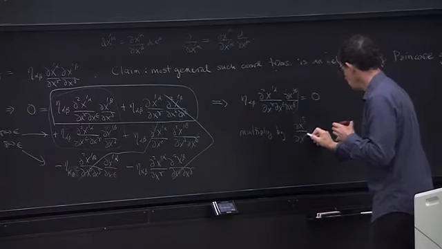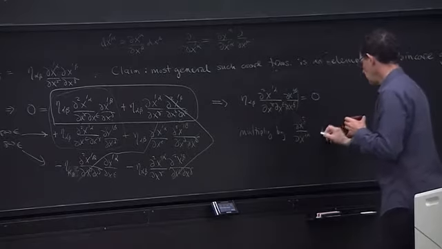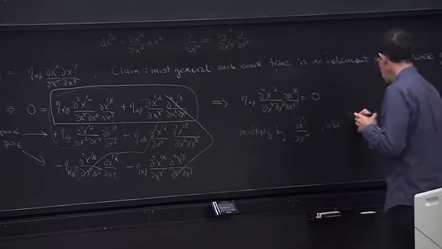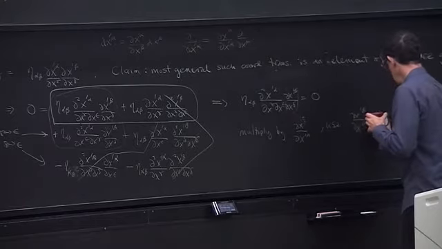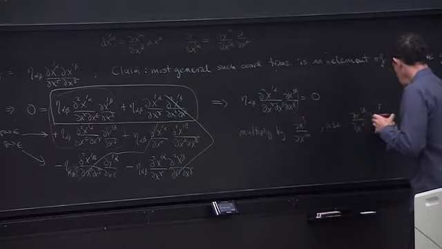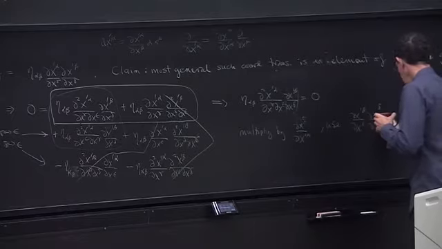Right? And then we are going to use dx prime beta over dx delta times dx delta over dx prime mu.